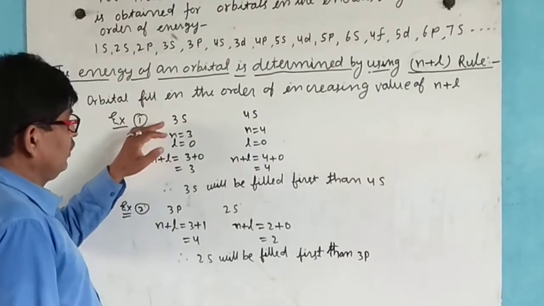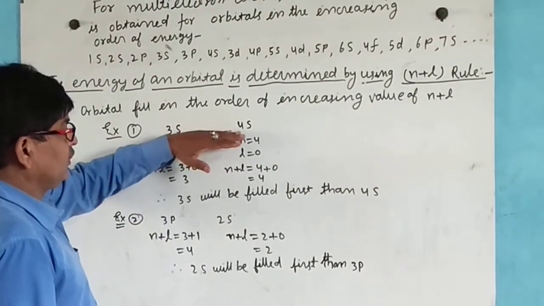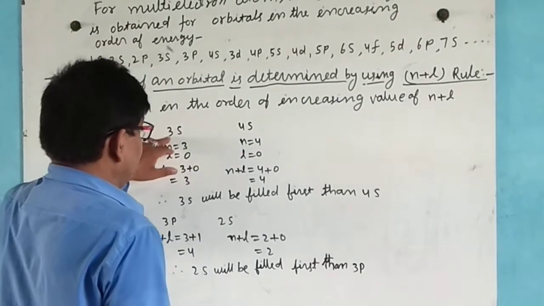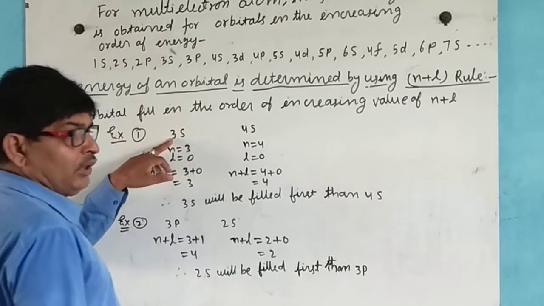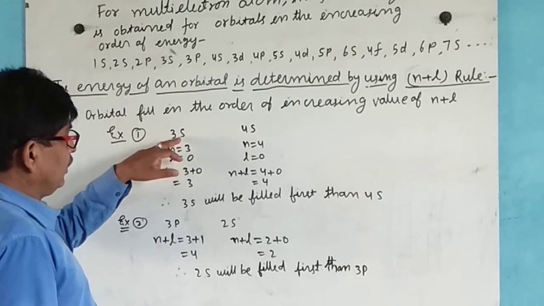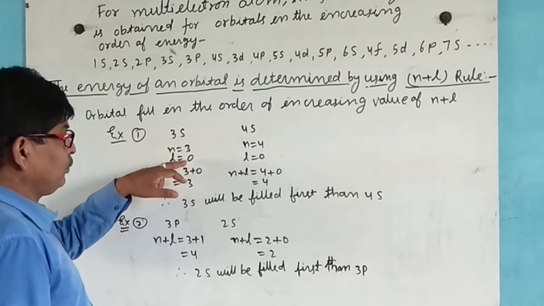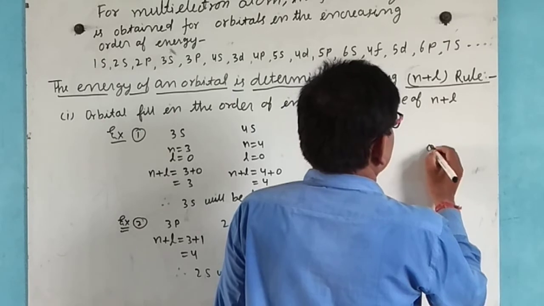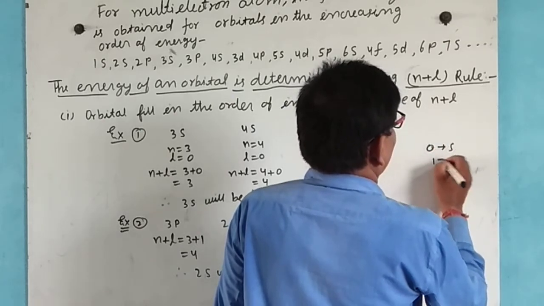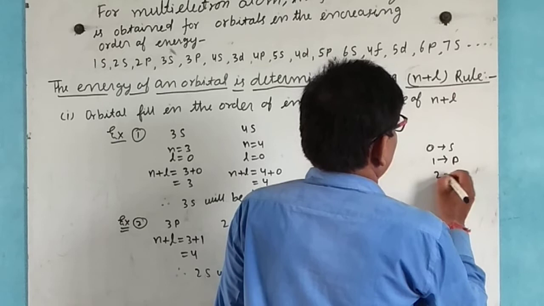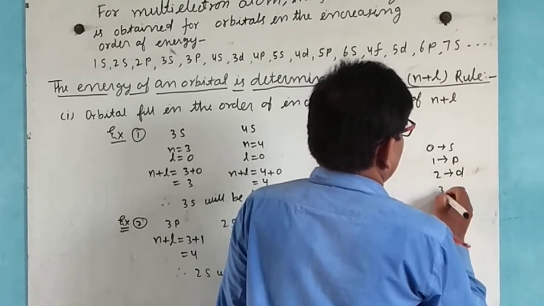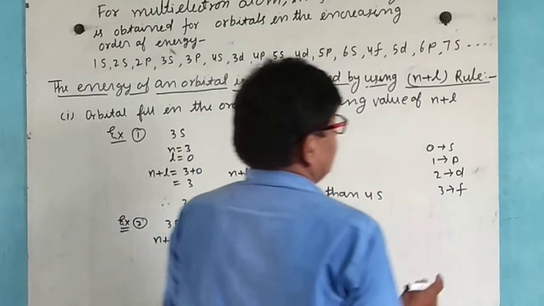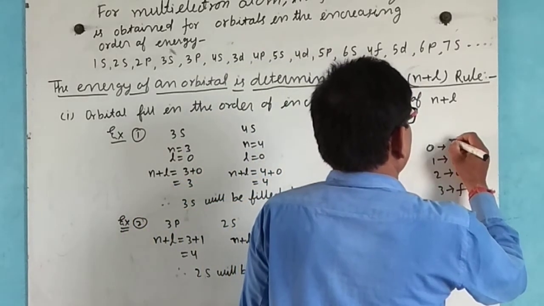Now here 3s and 4s: for the 3s orbital n is equal to 3 and l is equal to 0. l is equal to 0 for s, 1 for p, 2 for d, 3 for f. Here that is the value of l.